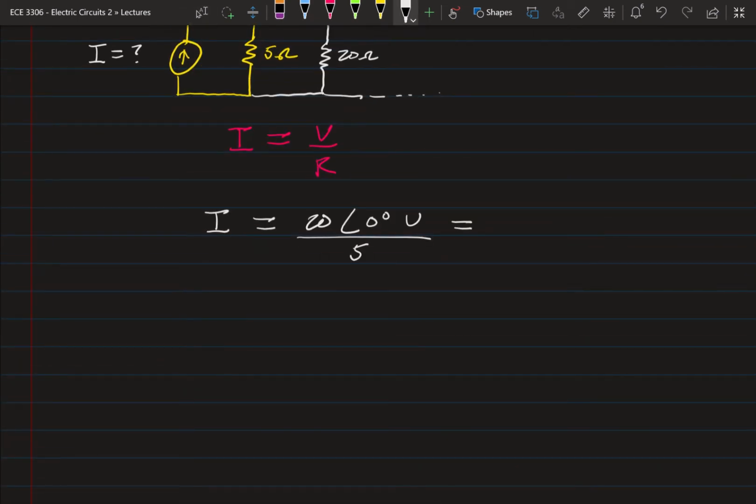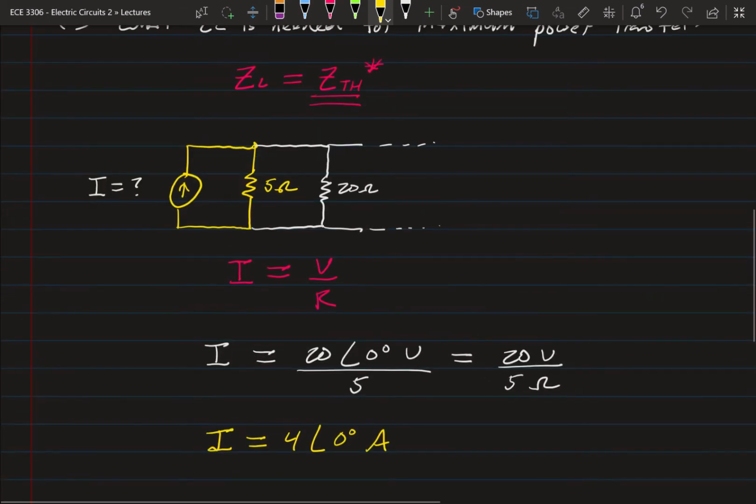This is really simply just 20 volts over 5 ohms. So our current I here is going to be equal to 4 at 0 degrees amps. So let's come up here and replace that. That's 4 at 0 degrees amps.